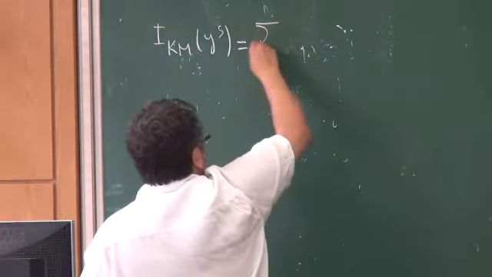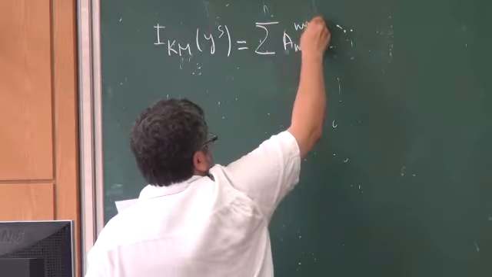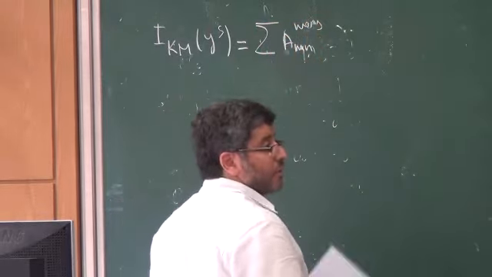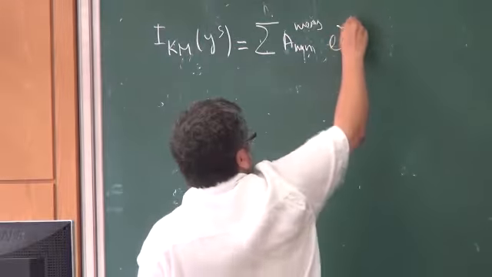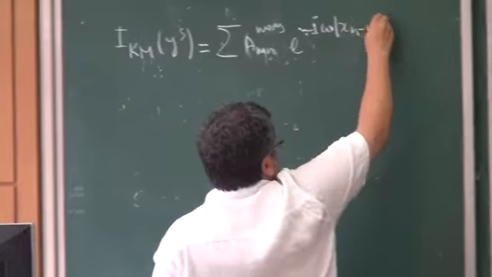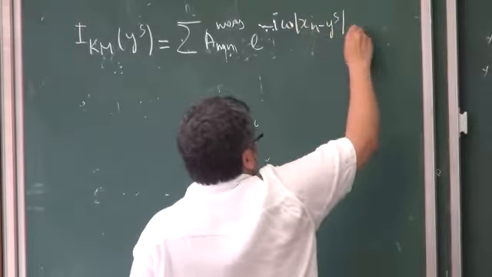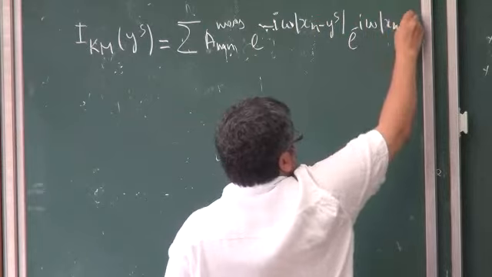We backpropagate A mn measured, the element of the measured matrix, without gamma, but only keeping the phase. So exponential minus i omega xn minus ys, exponential minus i omega xm minus ys.